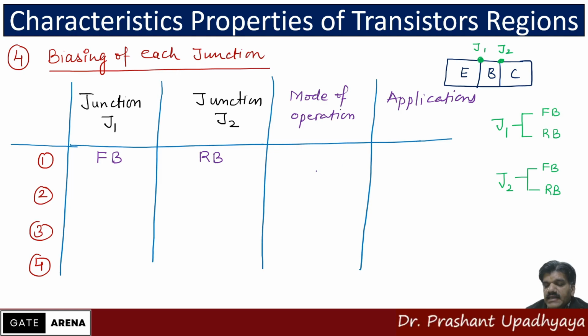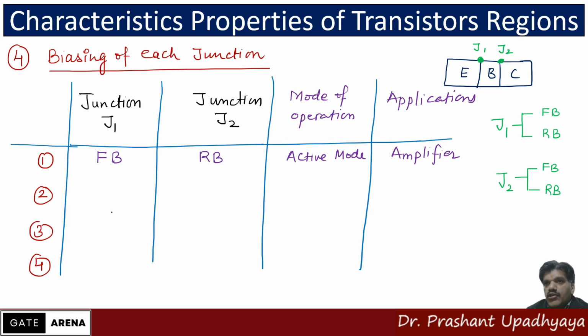We call this mode of operation the active mode; the transistor is working in the forward active mode, and the application is as an amplifier.